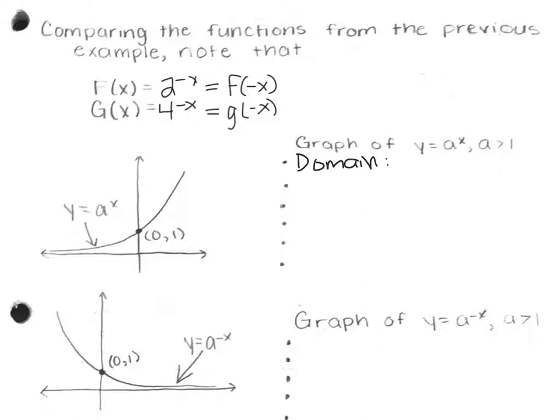Here we can put in any x value that we choose, so our domain runs from negative infinity to positive infinity. Our range, remember, is all the possible y values. We never have anything less than 0, and we're also never touching 0. So our range is from 0 to positive infinity.